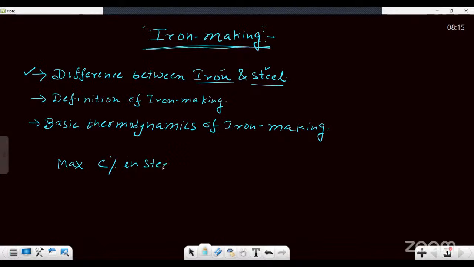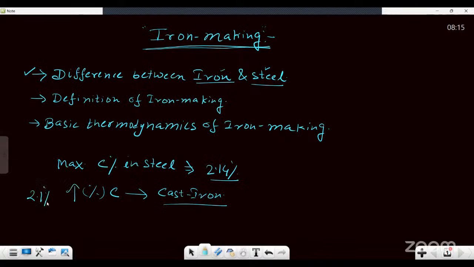The maximum carbon percentage in steel is 2.1%. When the carbon percentage goes beyond 2.1%, we will not call it steel; it becomes cast iron.